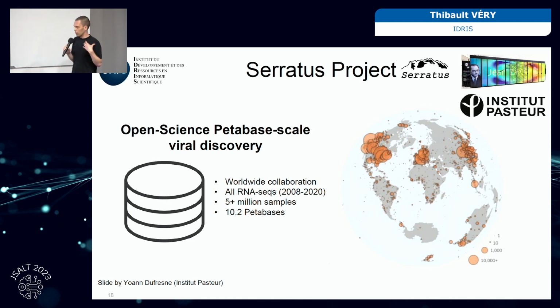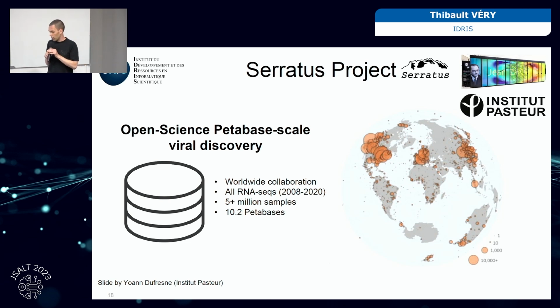What they have is a huge database with genetic information, so mainly RNA or DNA. And what they want is to screen this database to find proteins that belong to viruses.